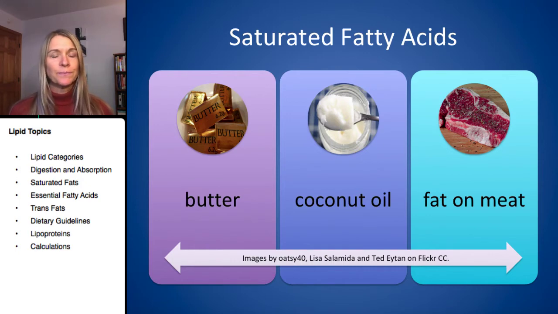But as a review, saturated fats are solid at room temperature. And butter, coconut oil, fat on red meat, these are familiar foods that have a high amount of saturated fat.